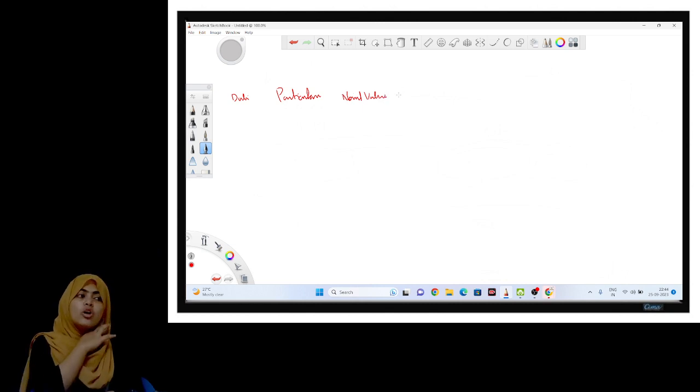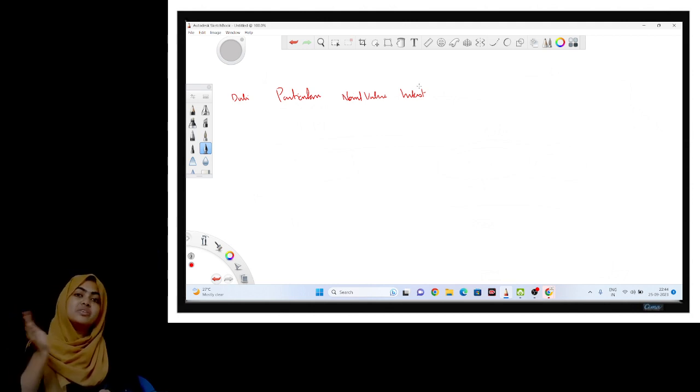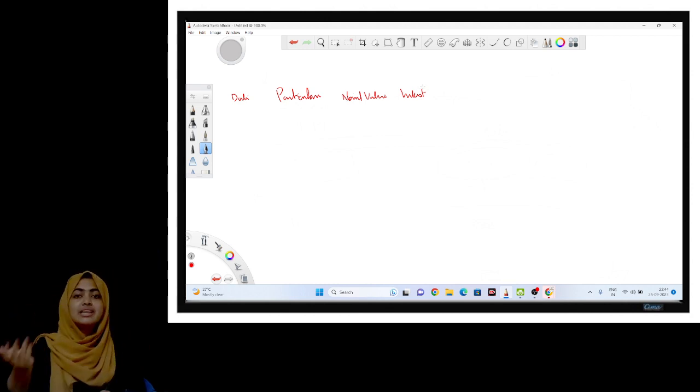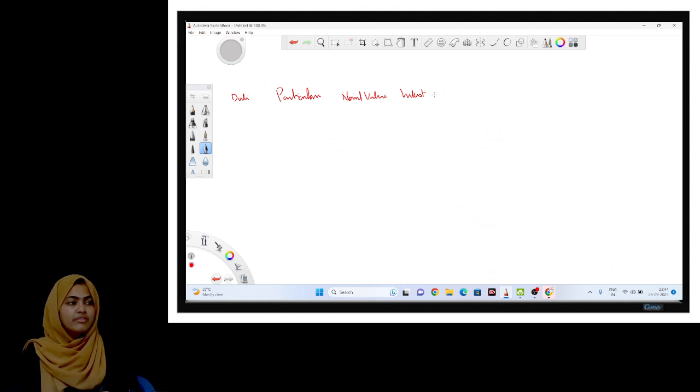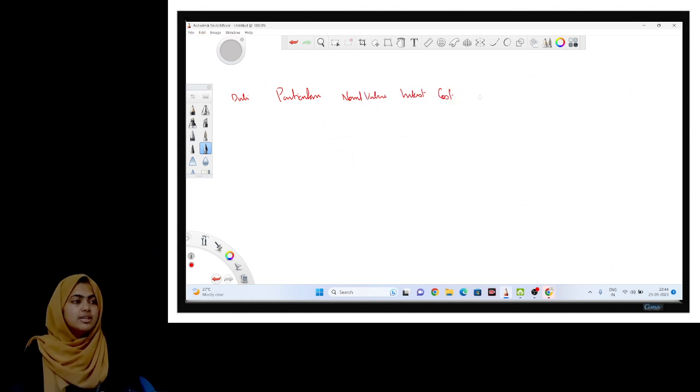Another column is the interest, like how much interest you earned or paid. Both are there: when we are purchasing, we have to pay interest, and when we are selling, we get interest. So the interest column will be there, and then the cost column, that is the actual cost incurred by you in purchasing the debentures. Similarly, this side also has date, particulars, nominal value, interest, cost. So as they said, on 1st December, right?